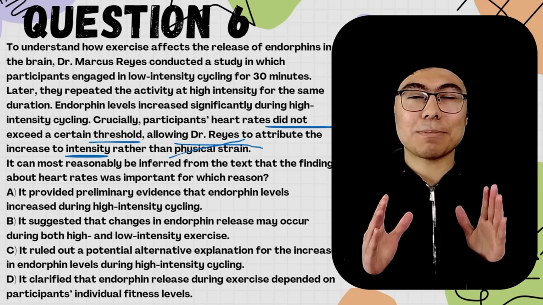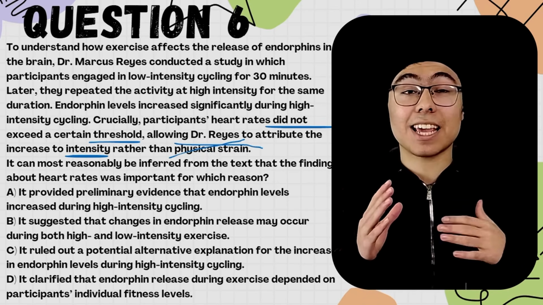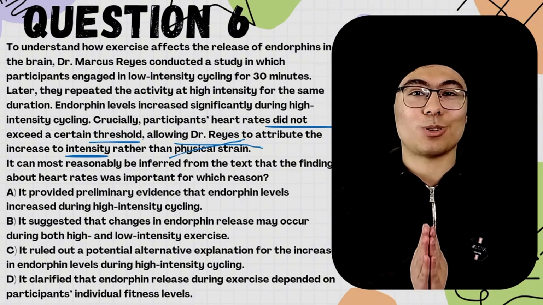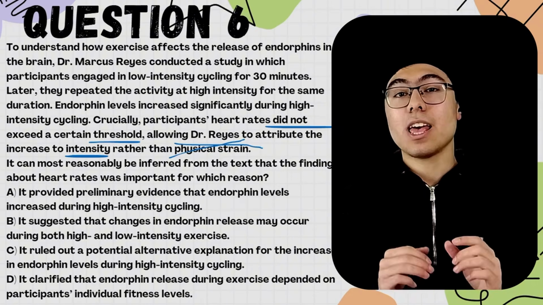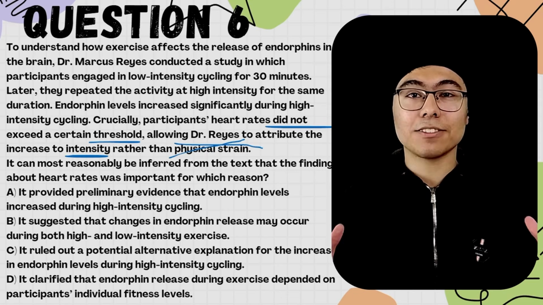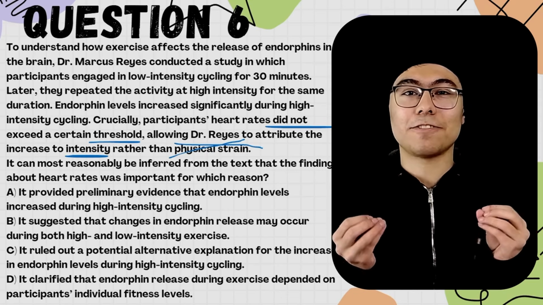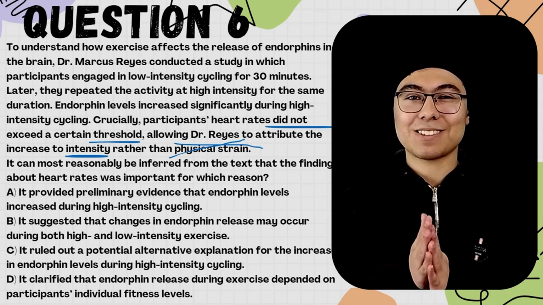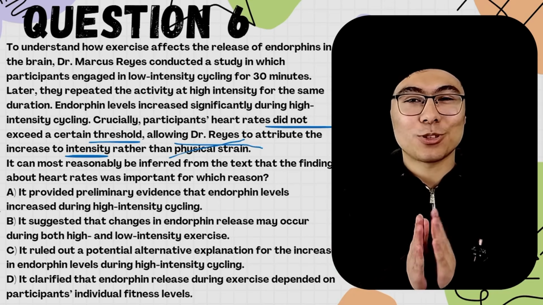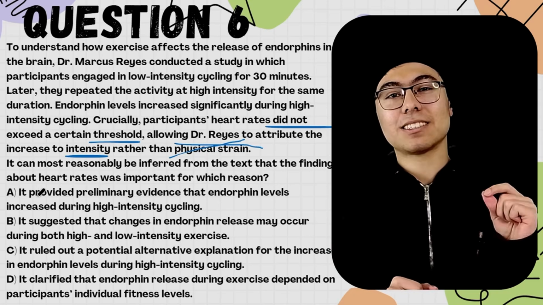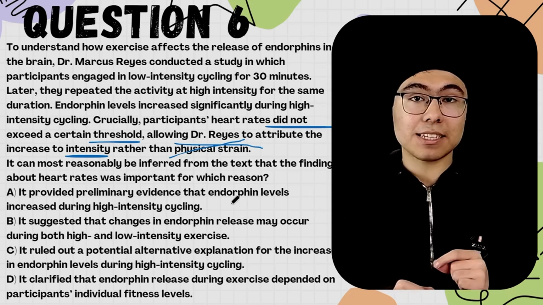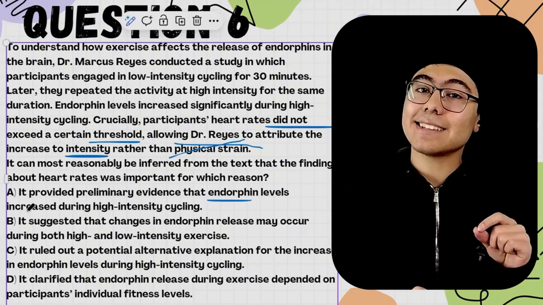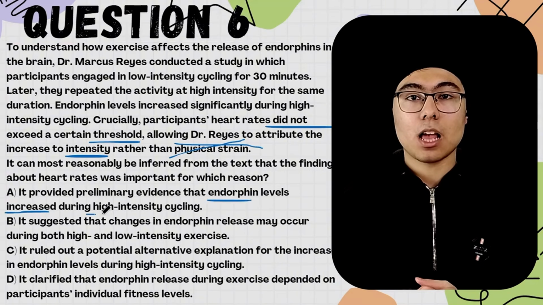So the next step, number 3, is analyzing the answer choices. Now let's go through each answer choice really carefully. And we have to be like you're picking the best ice cream flavor from the freezer. You always choose the right one, right? Right. So choice A, it provided preliminary evidence that endorphin levels increase during high-intensity cycling.